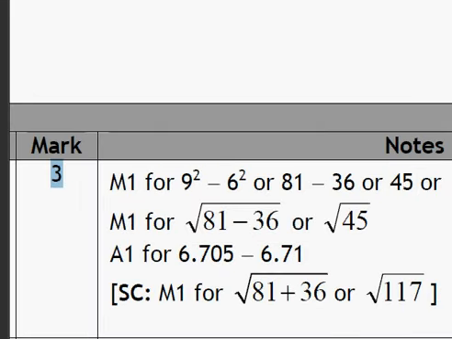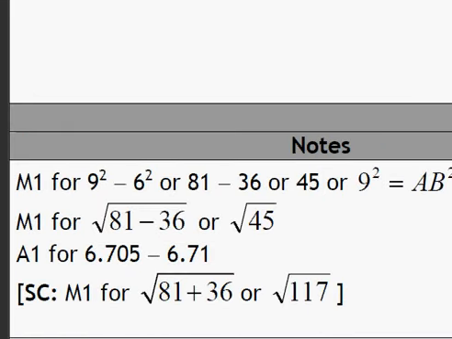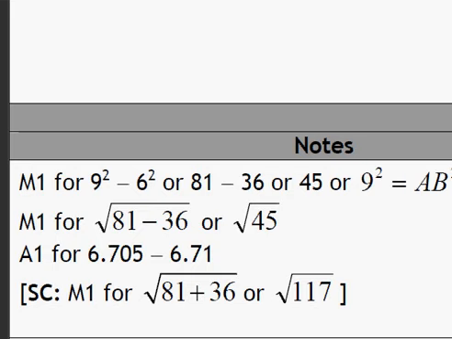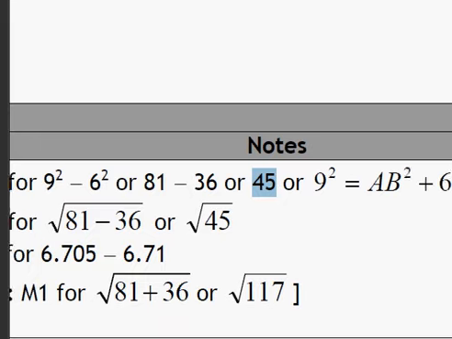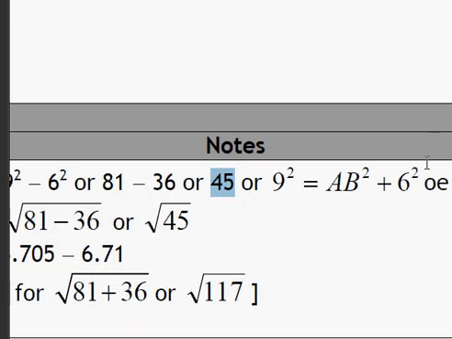Give yourself 1 mark, and this is why it's important to show your working, because you can still get marks even if you get the final answer wrong. Give yourself 1 mark if you wrote down 9 squared minus 6 squared, or 81 minus 36, or 45, or 9 squared equals AB squared plus 6 squared, or equivalent.